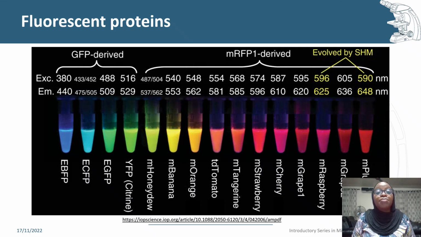The fluorescent proteins, which are large molecules, need to be genetically encoded into the biological system. This diagram shows a wide spectrum of fluorescence produced by proteins. You can see the cherry, the orange, the tomato, the strawberry or banana.